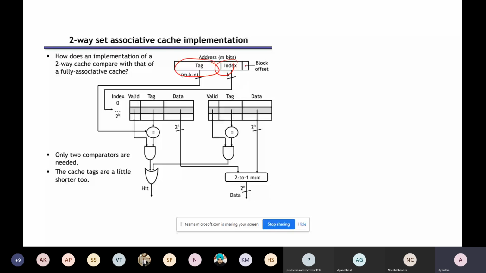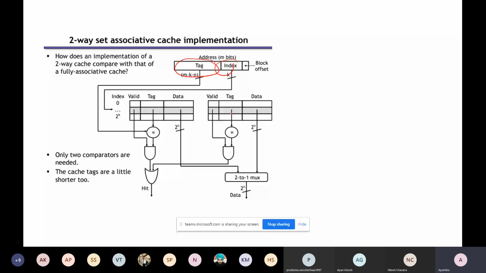Now you are checking these tags, but not only with one single block of one particular set. If it is two-way associative, there is a possibility that any of the two blocks of your set can hold that data. So that way you are searching.